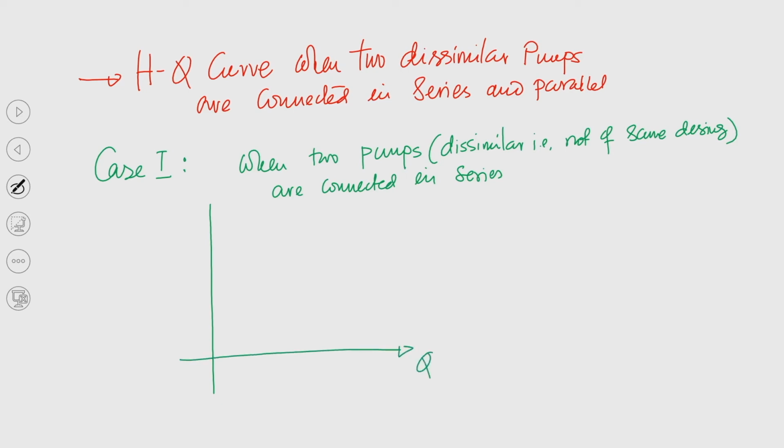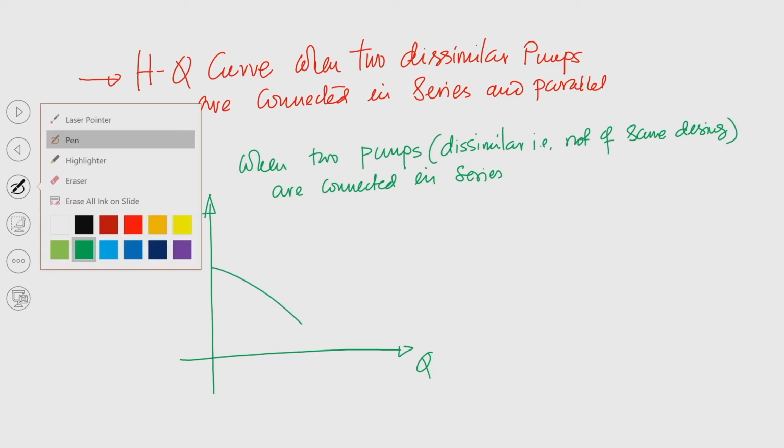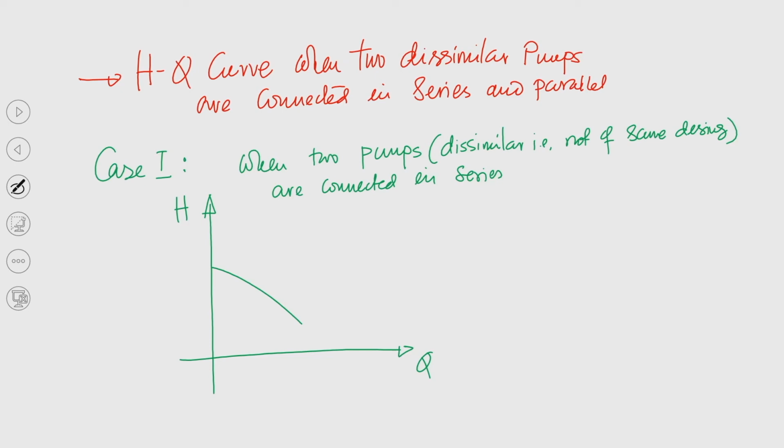So, this is H, this is Q. Say this is one pump, and if we draw the schematic depiction of the other pump, this is pump A and this is pump B. You can understand the designs of these two pumps are not the same, and as a result, if they were of the same design, the H-Q characteristic curves would coincide with each other, but this is not the case.